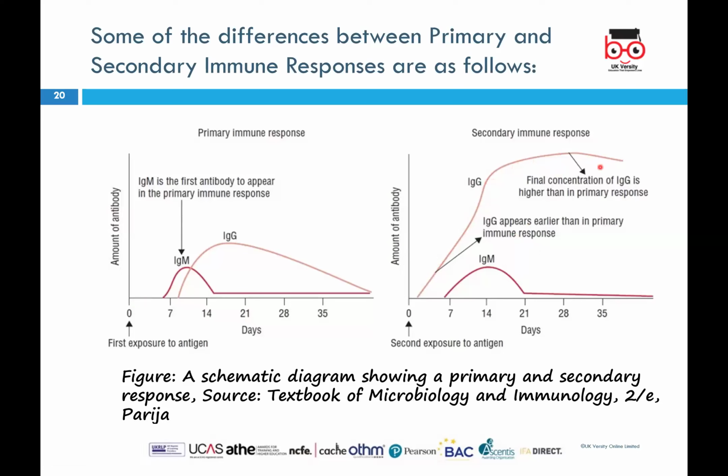This is higher than in the primary response, whereas the IgM is approximately the same. It extends a bit more to 21 days and then ends there, almost negligible. So you have majorly the immunoglobulin G that fights for the secondary response.